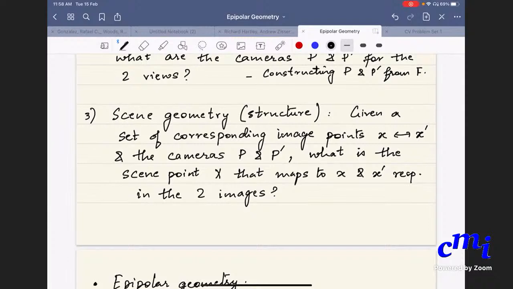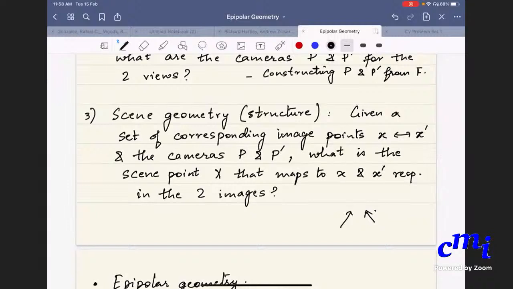I don't know how much we will be able to cover it, however I have suggested it as one of the problems for the project, so if somebody takes this up, it will be quite nice. Given two cameras, given two views, depth estimation can be done.